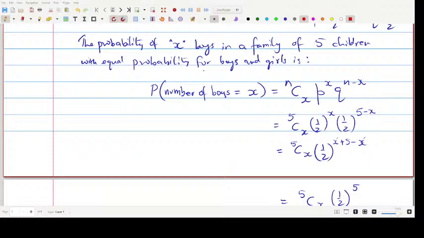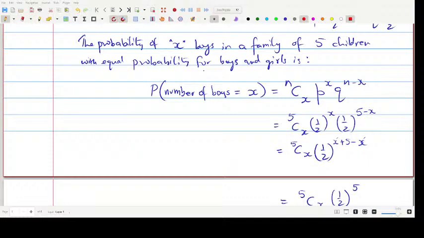Since this is a discrete distribution, we'll say that it's a probability distribution function. If it is a continuous distribution, we'll say it is a probability density function. Again, we should also remember that in a probability density function, the value of p(x) does not denote the probability, right?